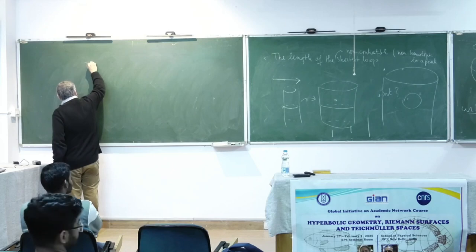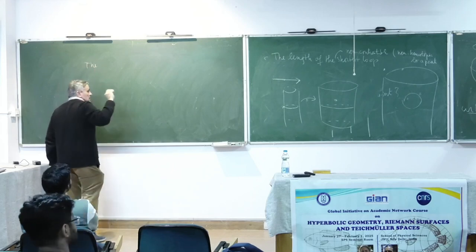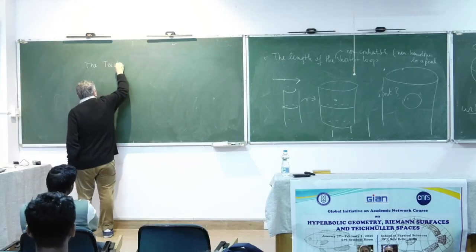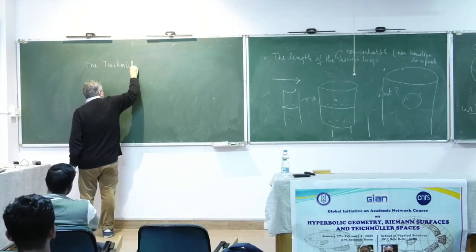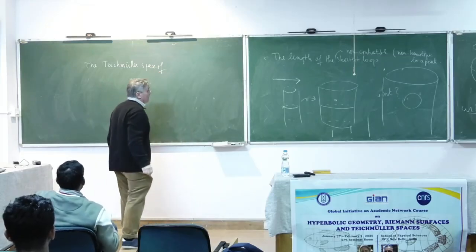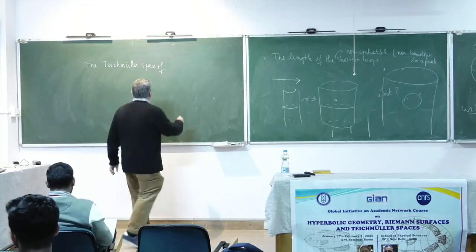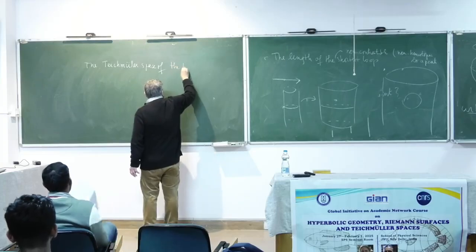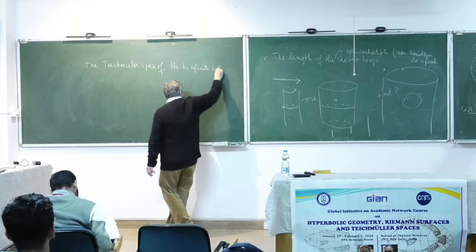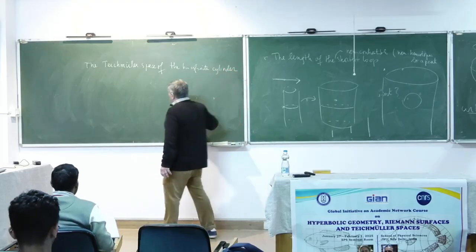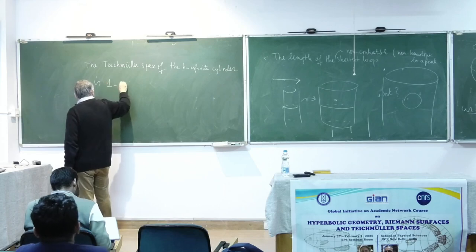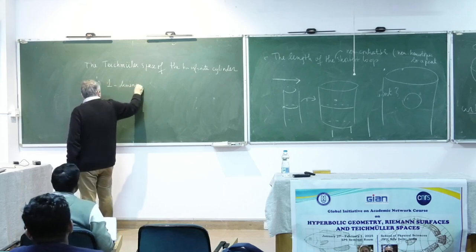Let me write what I said first. In other words, the Teichmüller space of the bi-infinite cylinder is one-dimensional.